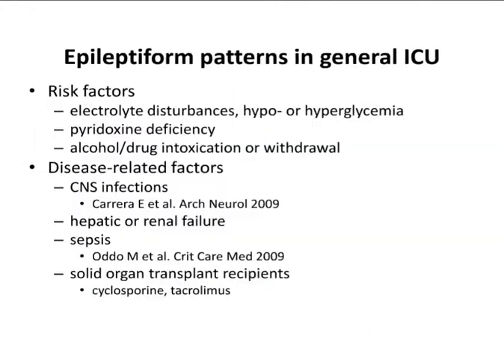And what we know is that so-called epileptiform patterns can be triphasic waves or seizures. Here are the risk factors you know. There are some disease-related factors: CNS infection, hepatic or renal failure, also sepsis may be associated with these epileptiform patterns, and solid organ transplant patients with cyclosporine or tacrolimus are at higher risk.